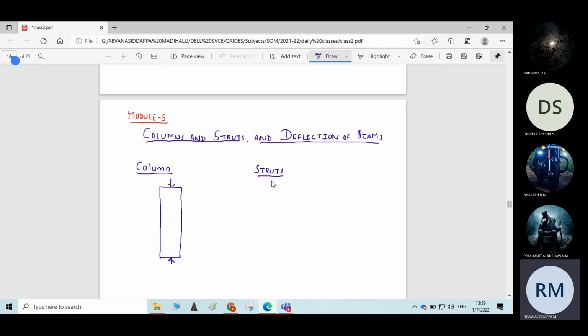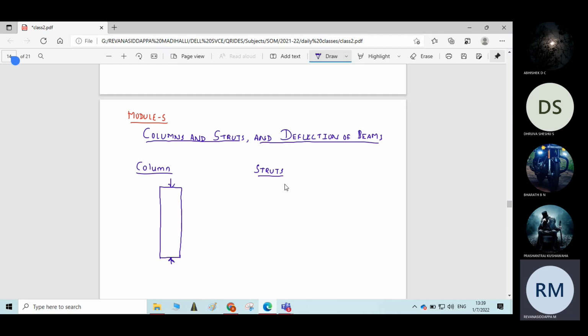The strut, as I said, is also a compression member. It is a type of column which is inclined in nature, and one or both the ends of the member will be pinned or hinged. It may be both ends or one end, then it is called a strut.